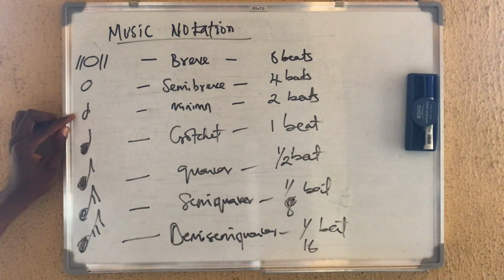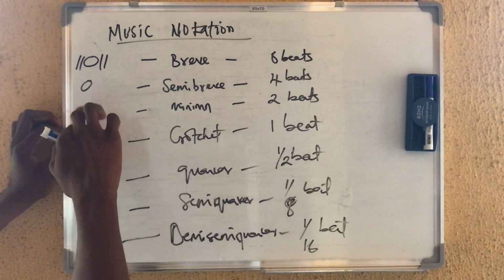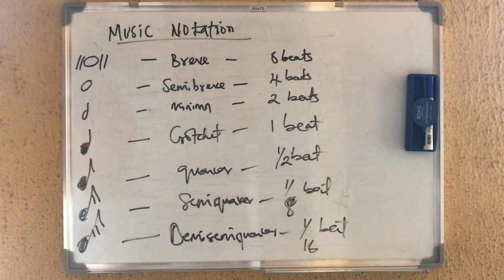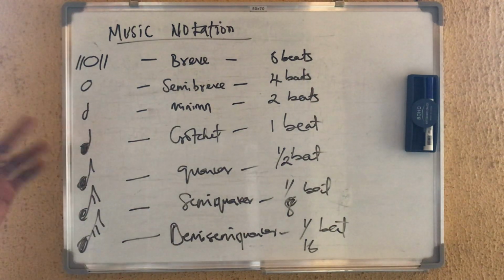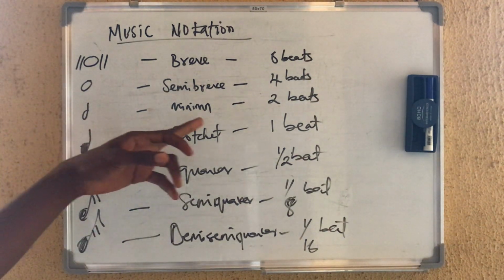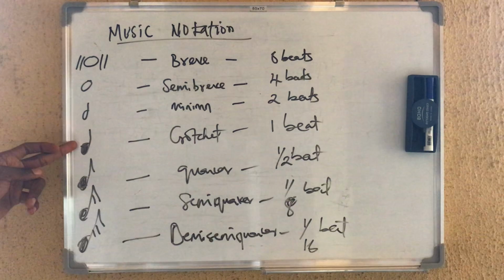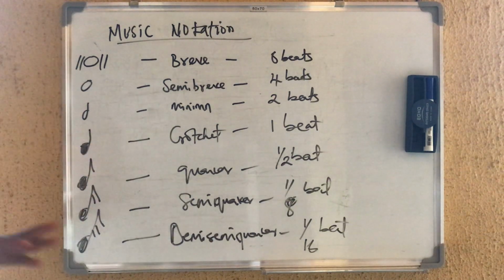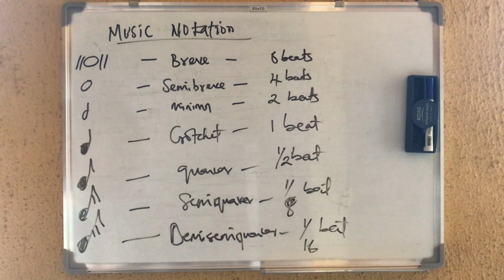Then this one is a minim. It has a head and just a stem. It has one long vertical line added to it, which is a minim. It has 2 beats. Then this one is a shaded head with one vertical line in it, which we call a crotchet, and it has 1 beat.